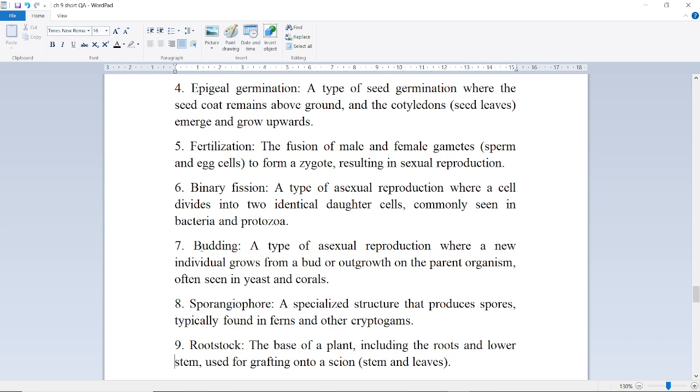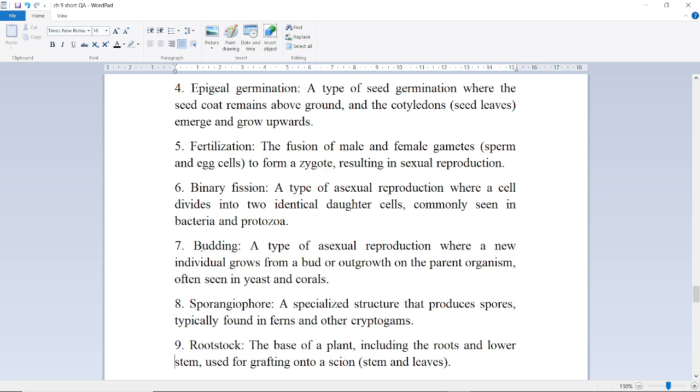Next is binary fission, a type of asexual reproduction where a cell divides into two identical daughter cells, commonly seen in bacteria and protozoa. Next is budding, a type of asexual reproduction where a new individual grows from a bud or outgrowth on the parent organism, often seen in yeast and corals.